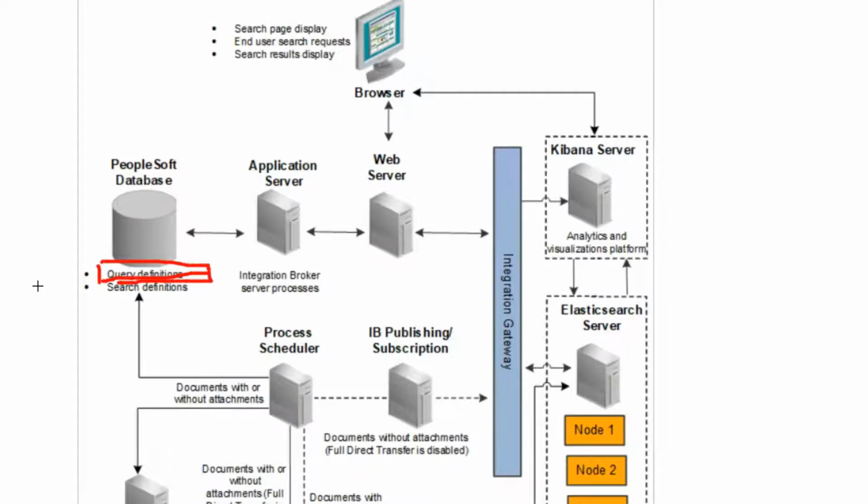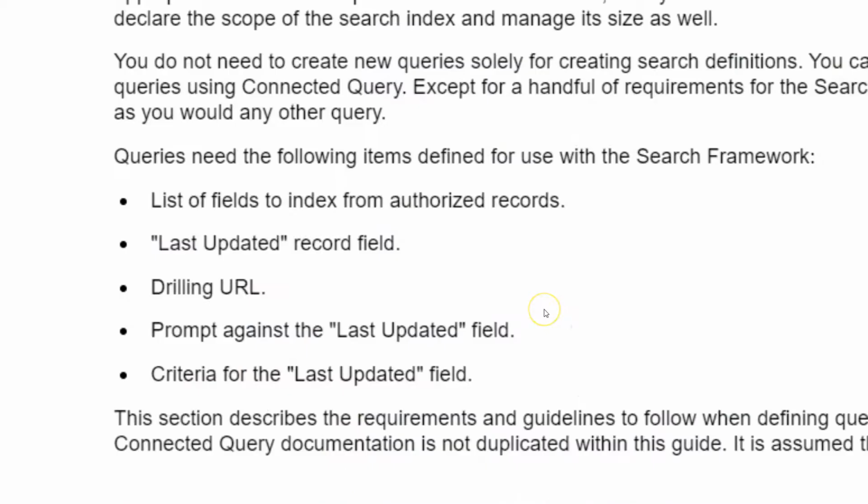We cannot use just any PS query for the Elasticsearch engine. There are some specific rules we need to follow so that it is suitable for our search process. I quickly hopped onto PeopleBooks to show you the rules that we need to follow to create a search query. Obviously, the very first thing is you need to select the fields that you want to search.